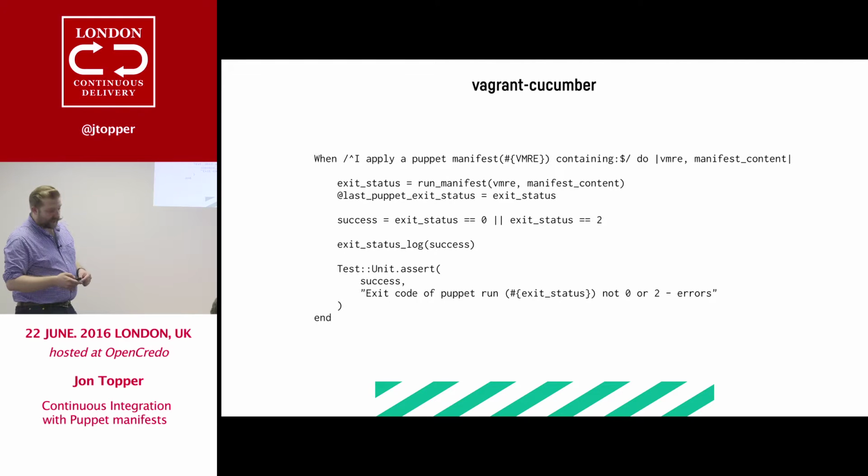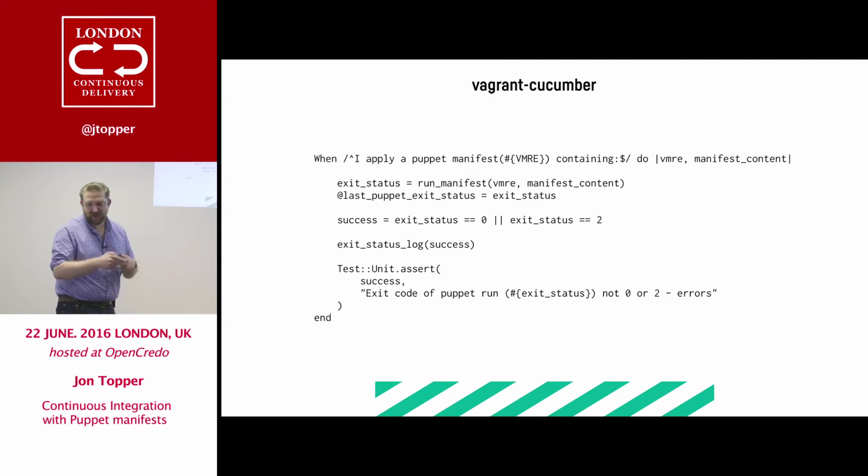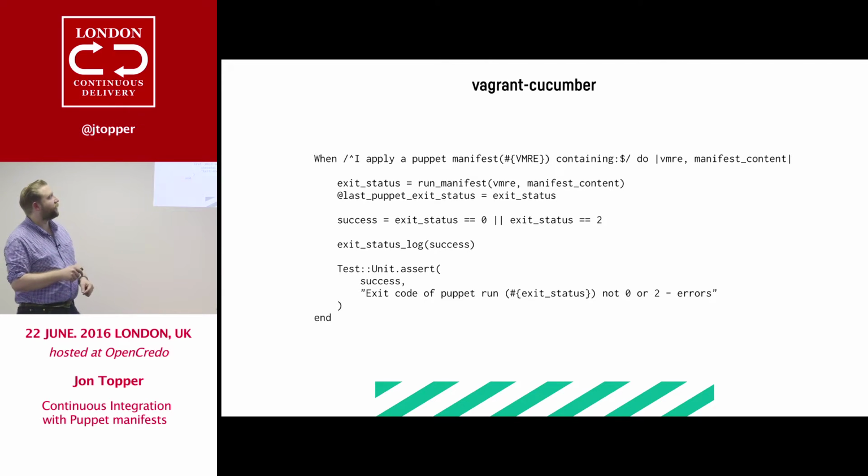Here's another example. This is the Puppet step. So for lines matching, when I apply a Puppet manifest, this is an expanded regular expression snippet that allows me to say on a machine called, or on the last machine, or something else English language style.